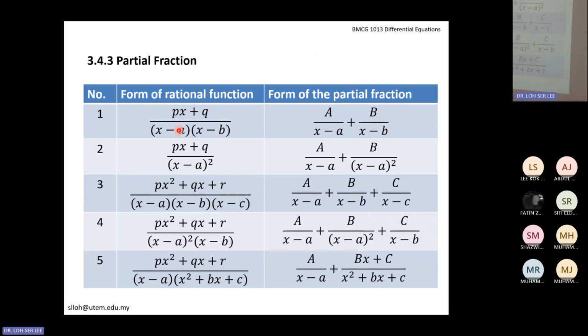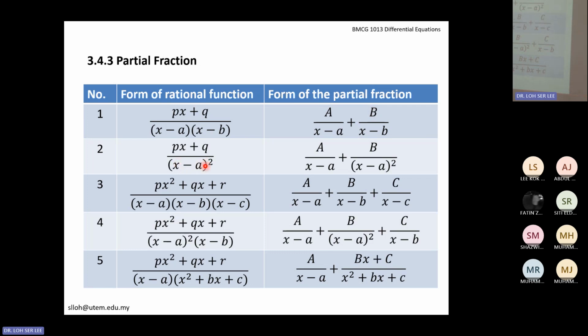Partial fraction. There are a few forms of the rational function. We normally look at the bottom part first. If you have x minus a, x minus b, we can break this into two: x minus a, and x minus b. Since this is x power of 1, at the top we just have a constant.